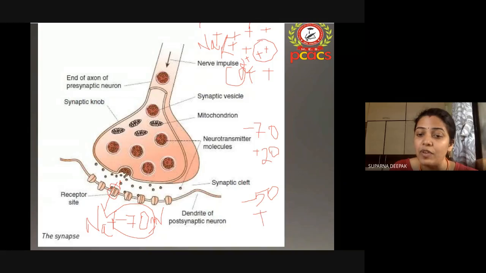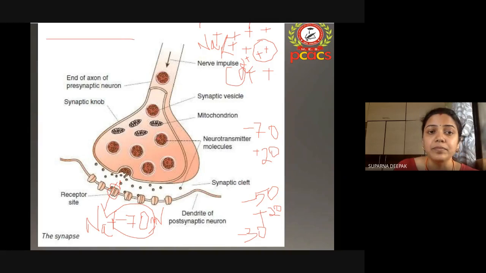Again, -50 plus 20 becomes -30. If you consider a number line, you have positive charge over here, negative charge towards here, and 0 over here, and here is say minus 70. As it goes to minus 50, minus 30, it is coming towards 0. That means it is becoming depolarized.